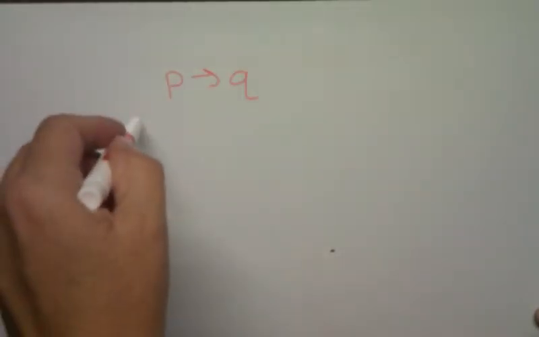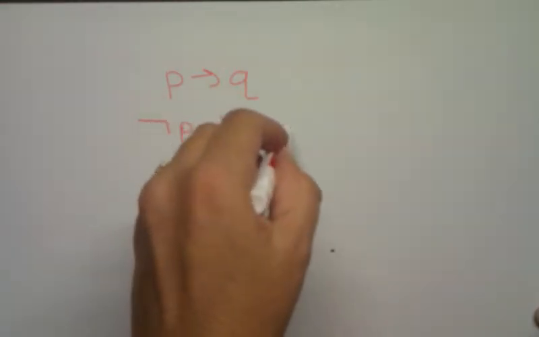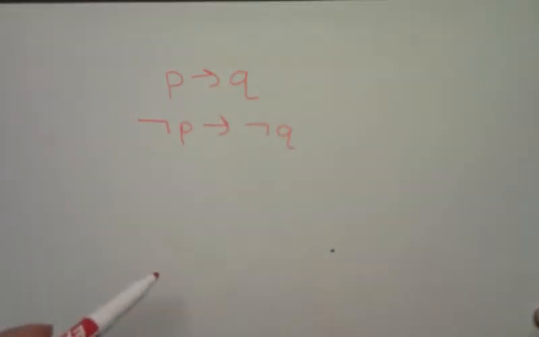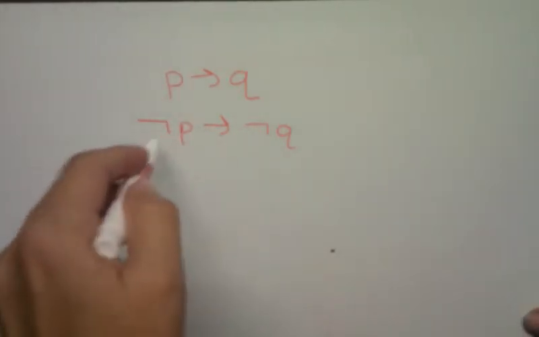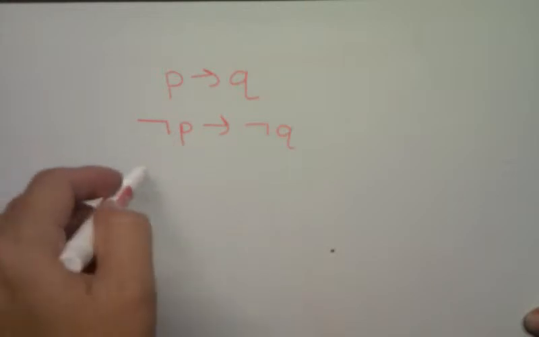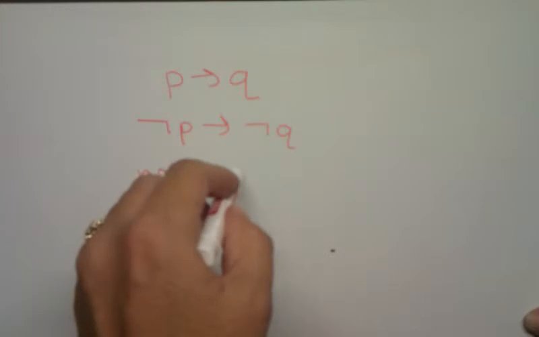The inverse of P implies Q is not P, if not P, then not Q. Now in this particular question, it's just multiple choice. But if it's not multiple choice, you're not going to be able to make that sign on your computer. You're just going to have to type the word "not." Okay?